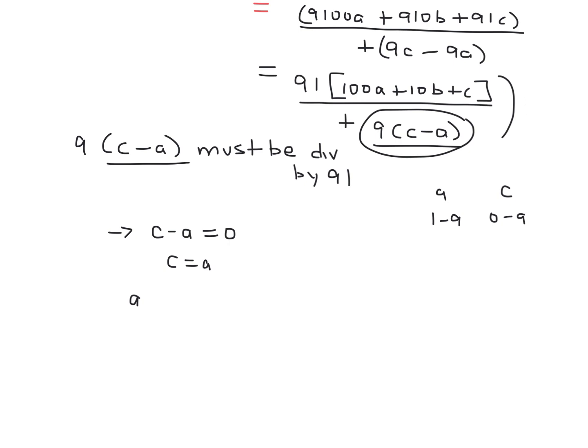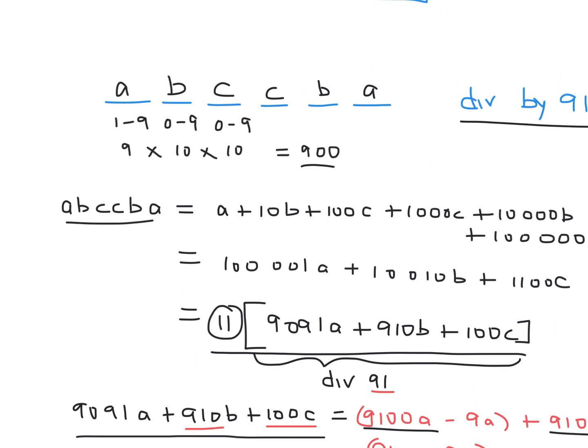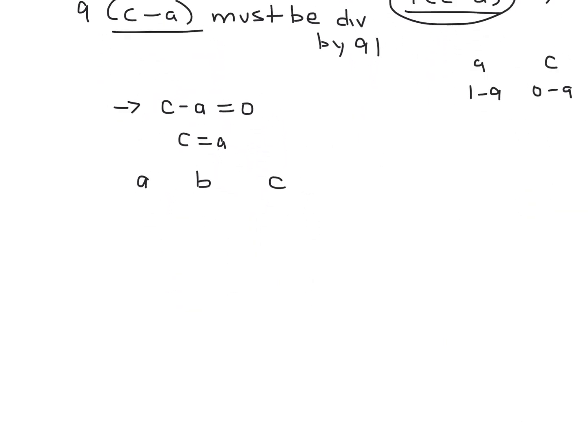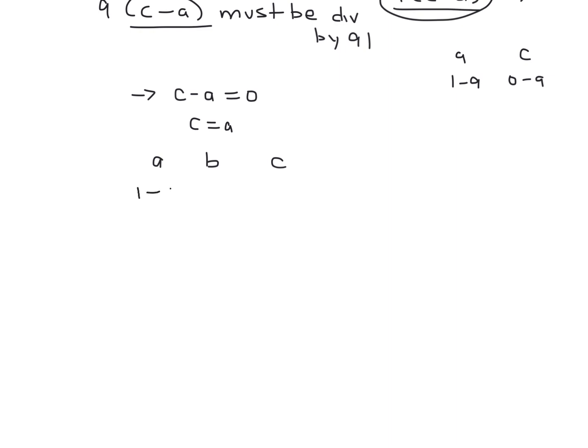So we have A and B and C, right? According to our very first thing, we have 3 letters. And our parameters are that A is anywhere between 1 and 9, C is between 0 and 9, and B is between 0 and 9. Now we want A equal to C. So that would mean we want a situation of 1, 1, 2, 2, 3, 3, dot, dot, dot, all the way to 9, 9, right?